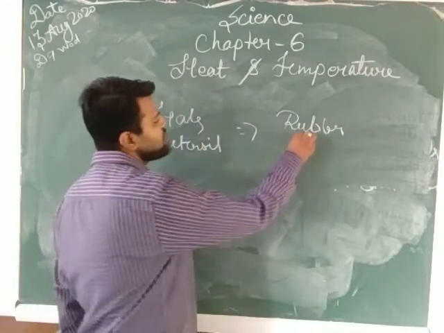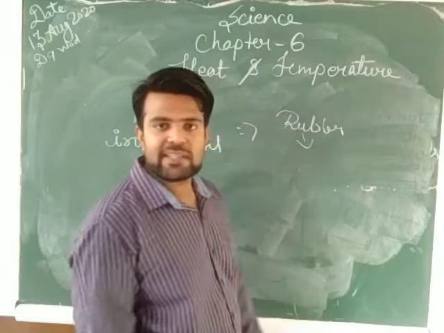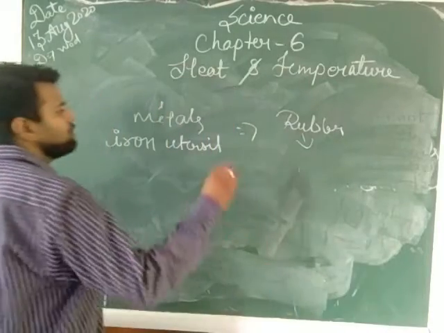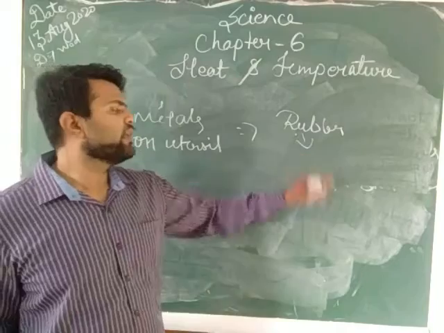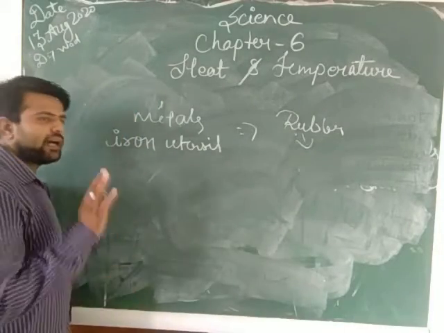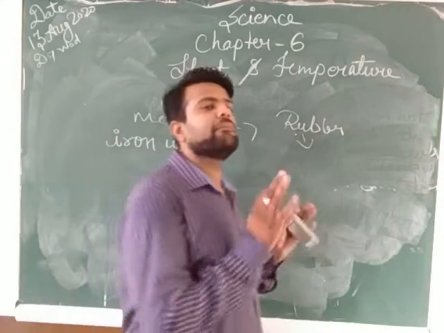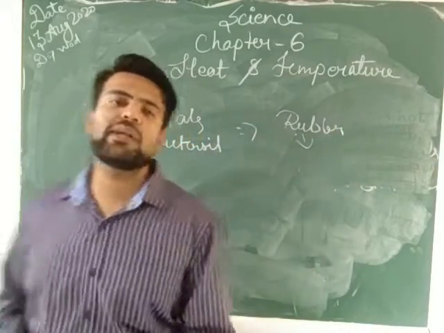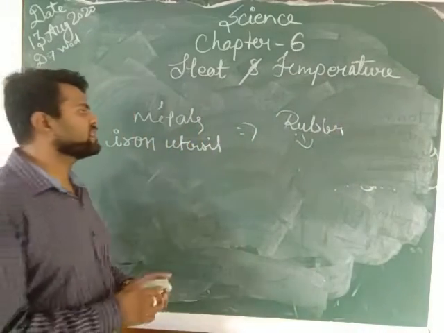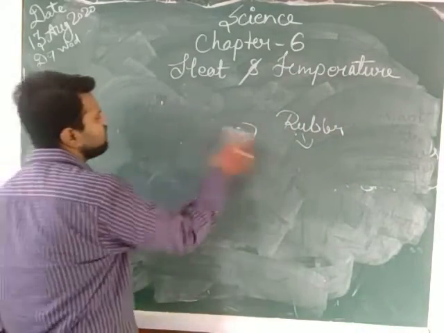But suppose we keep a rubber? It starts melting. That means it does not conduct heat. My dear student, there are some materials that conduct heat, while there are some materials which do not conduct heat. So we will see about each one of them.